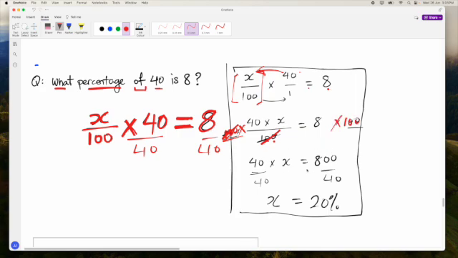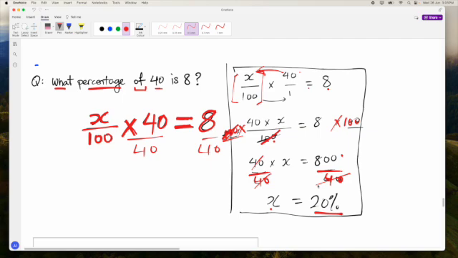And so you could have 800 here. So now you have 40 times x is equal to 800, and now to get rid of the 40, you divide by 40 on both sides, and you could just have x is equal to 20%, as you could see there.